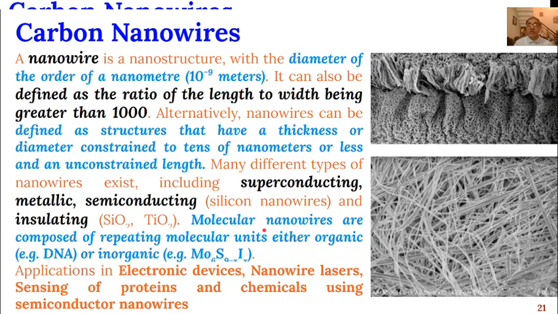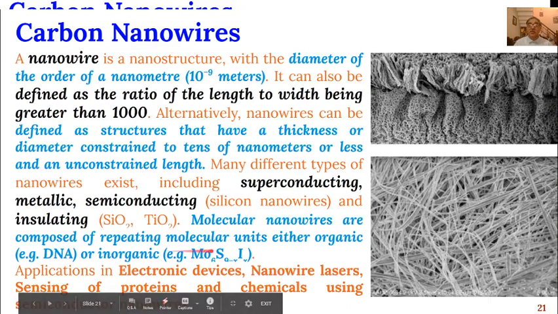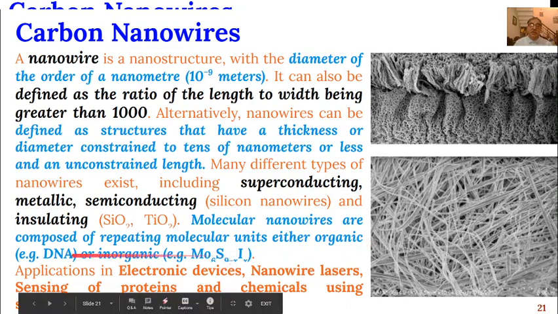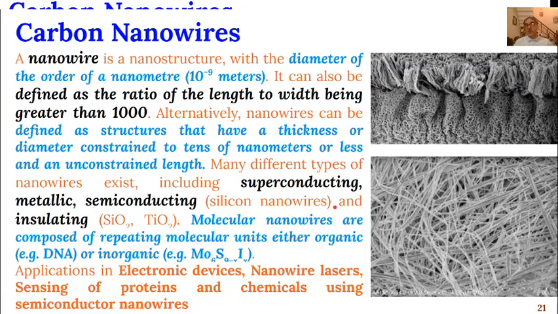Then molecular nanowires are composed of repeating molecular units, either organic or inorganic. In the organic case, they are made of DNA, whereas molybdenum compounds are inorganic nanowires.